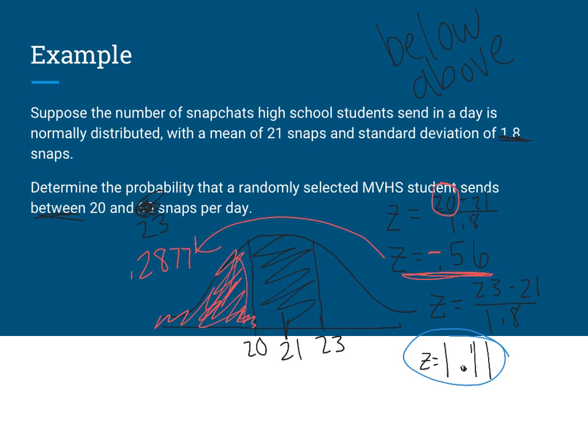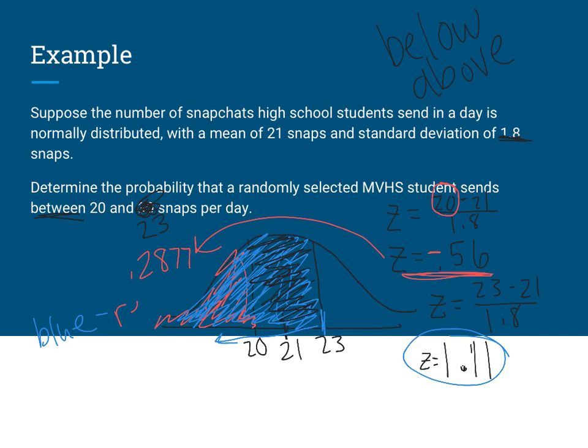Now I'm going to look up 1.11. Remember, 1.11 was for 23. It's going to tell me all of this area, this entire thing, including the black area, including the red area. So what I'm going to do after I find this is that the black area, which is just the middle here, is going to be blue minus red.